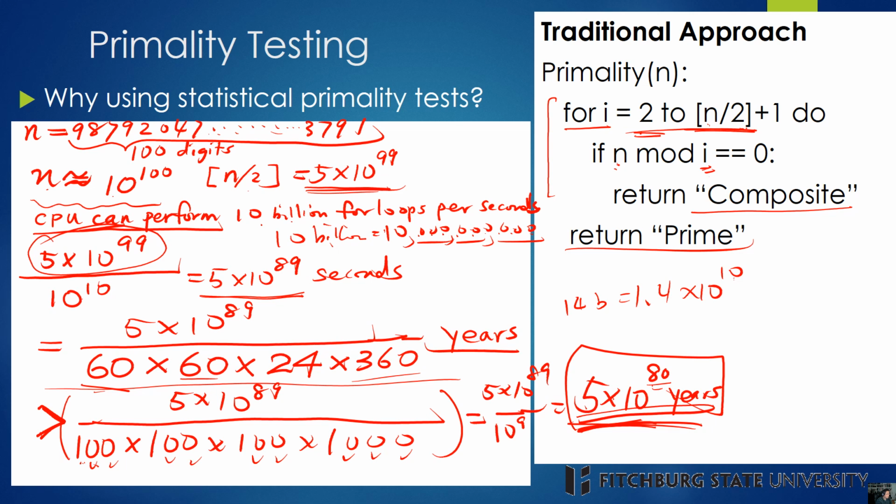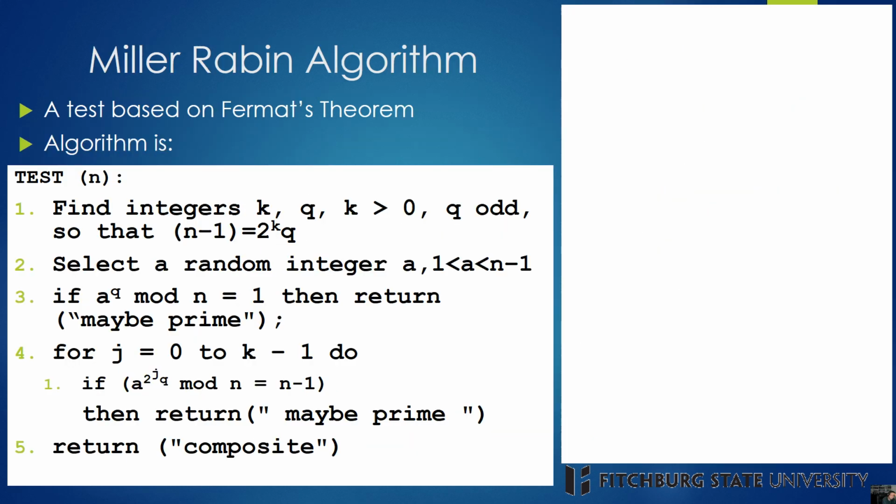Now, how can we deal with that? We use statistical primality tests. One of the statistical primality test algorithms is called the Miller-Rabin algorithm. Now the test is based on Fermat's theorem.